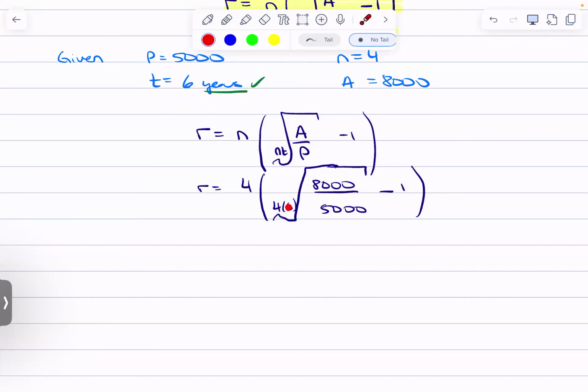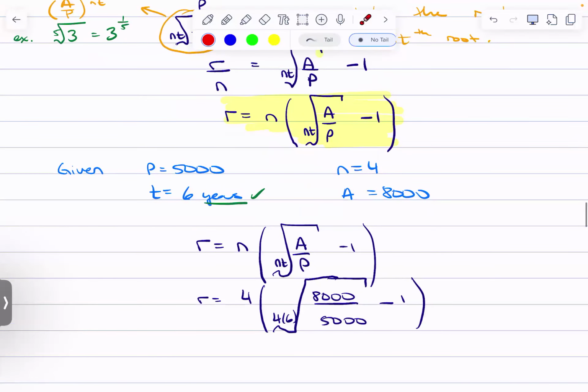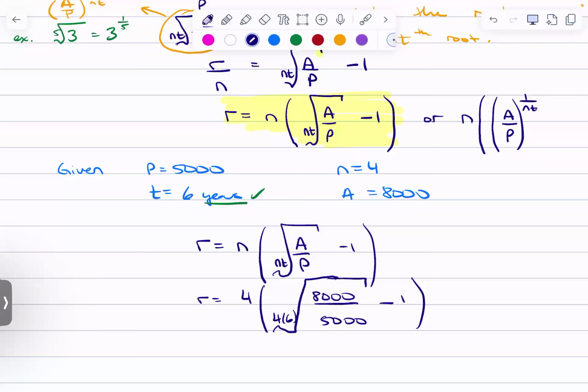You know what I just realized? Should I be nice on the formula sheet maybe? Or n times A over P to the 1 over n times t, then minus 1. That might be nicer, since I'm changing it anyways. No?